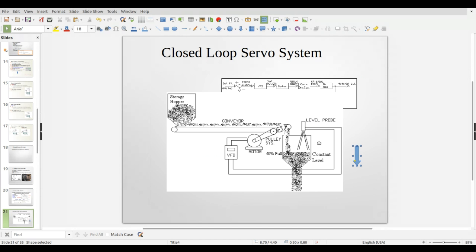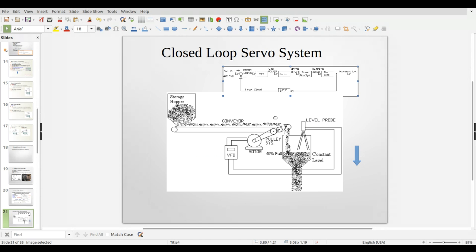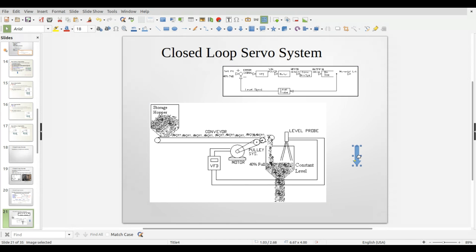Okay. Now here's more of an industrial application. In this industrial application here, we have a storage hopper where we have some aggregate. I believe this was actually a model for salt.